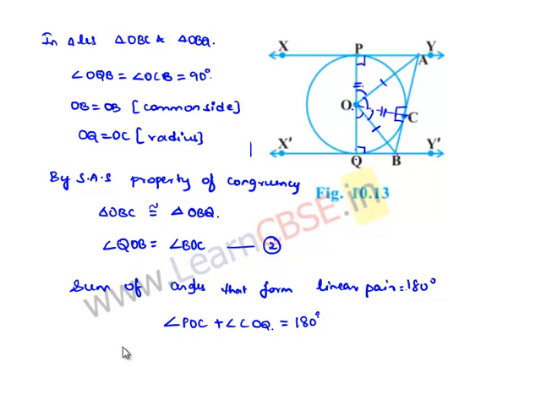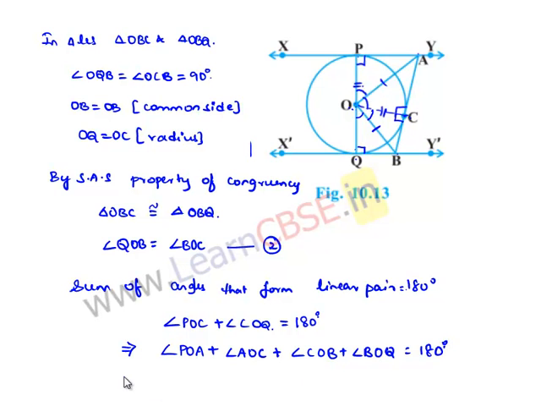In the first equation we can write angle POC as the sum of angles POA and AOC, that is angle POC can be written as angle POA plus angle AOC, plus angle COQ can be written as angle COB plus angle BOQ, which is equal to 180 degrees.